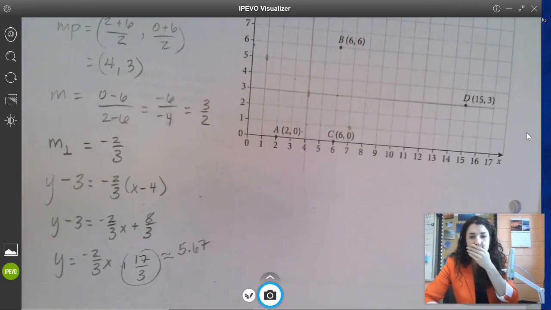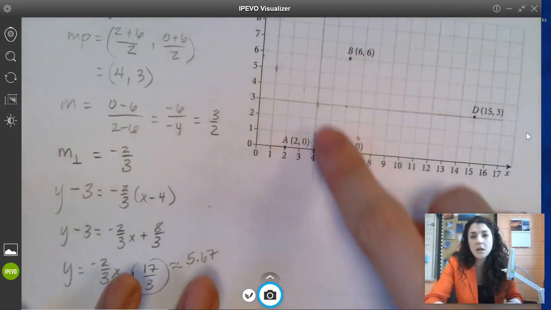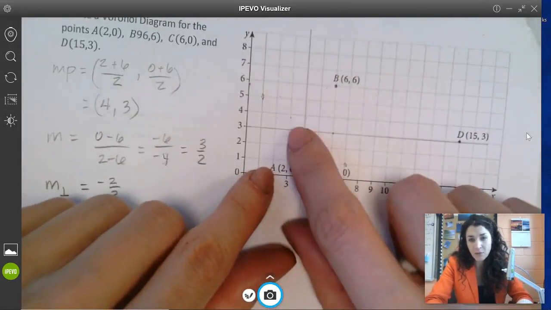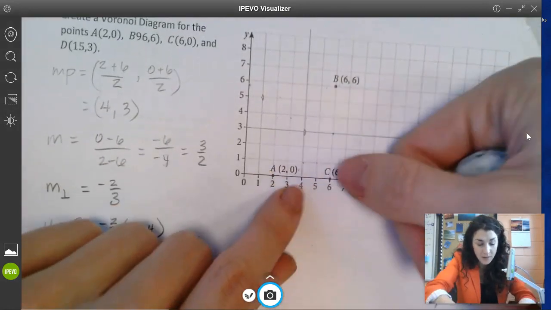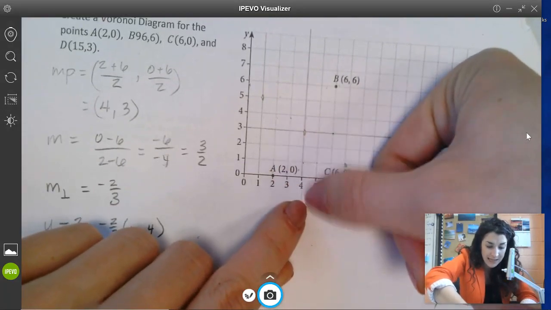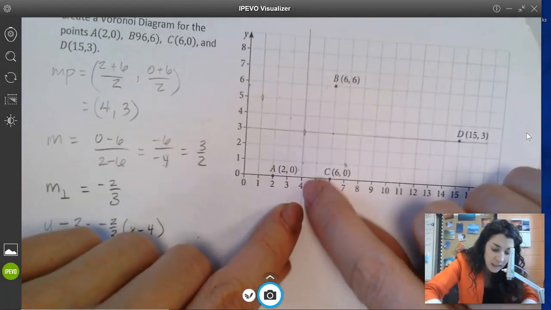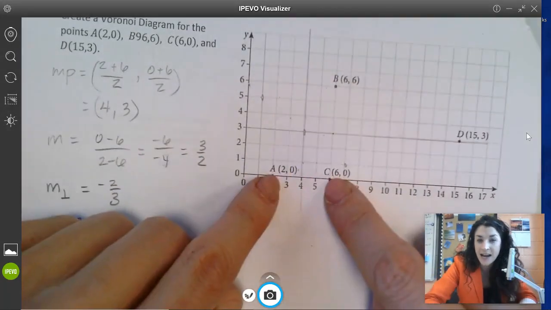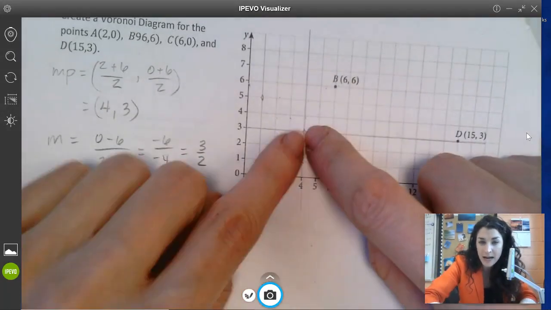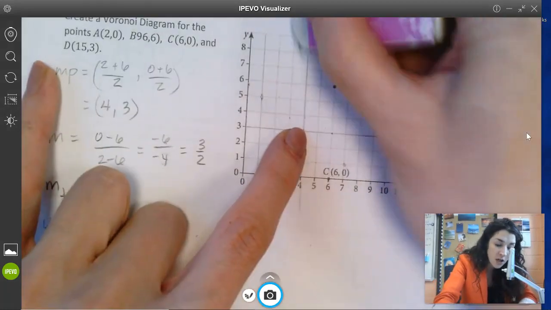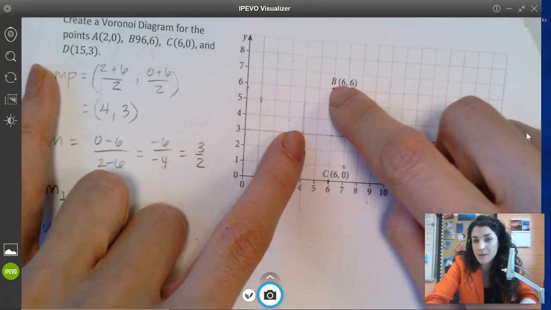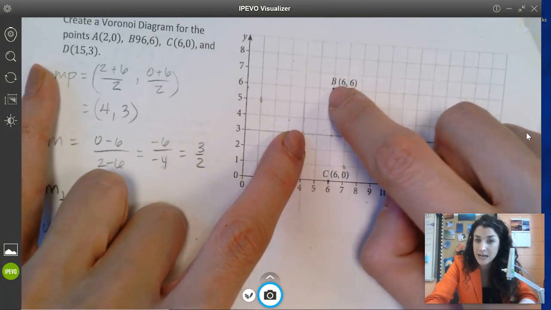So our cell between A and C is being blocked off by here. But this is the part of the line that we care about. Once it hits the point of concurrency, any extension past the idea of AC, past that point of concurrency, no longer applies. This line does not split a cell between B and something else, it's just extra.